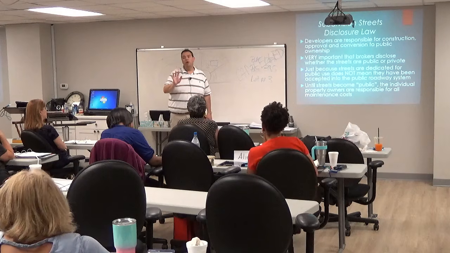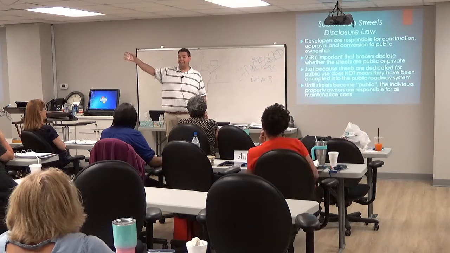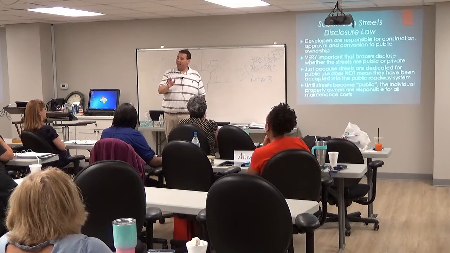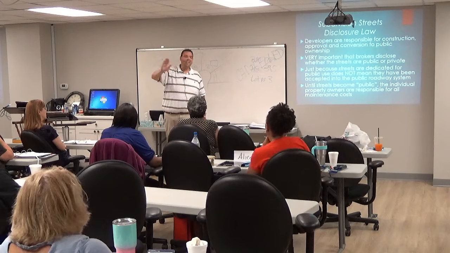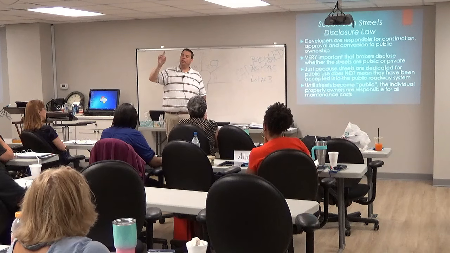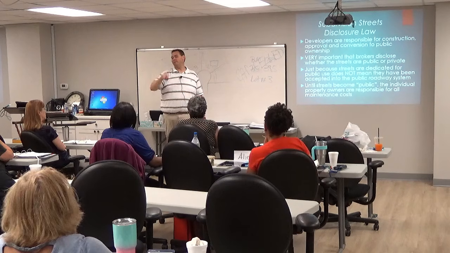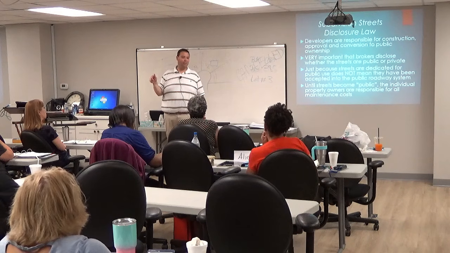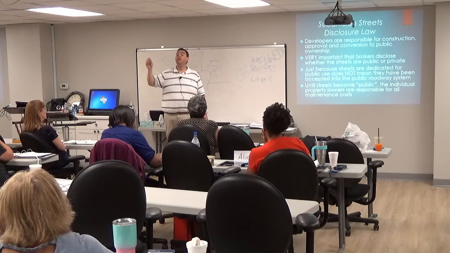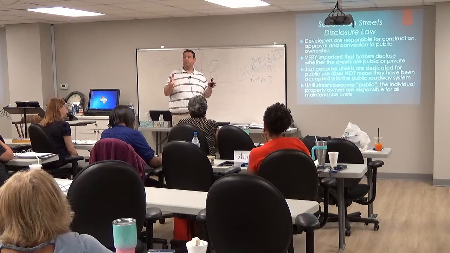So now, when you first get the state road number, so you can put your signage up, but you still are a private road, that's the signs you get now. They have that yellow ribbon that says private road on it. And you are not allowed to remove that yellow stripe. It has to be the Department of Transportation that removes it, so it doesn't get removed until the street is accepted into the public system.